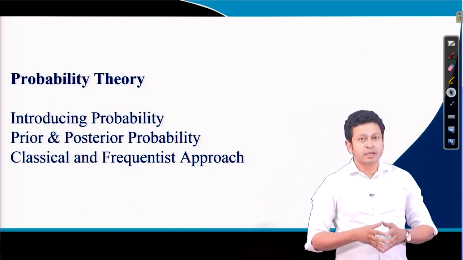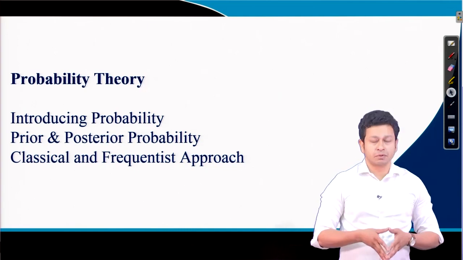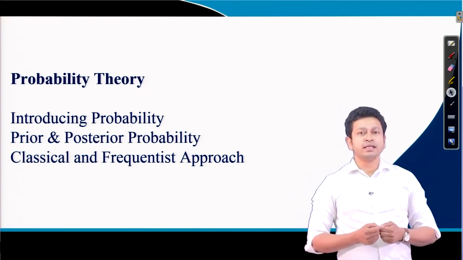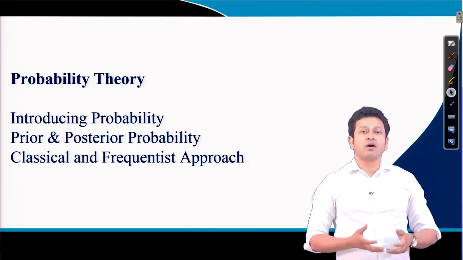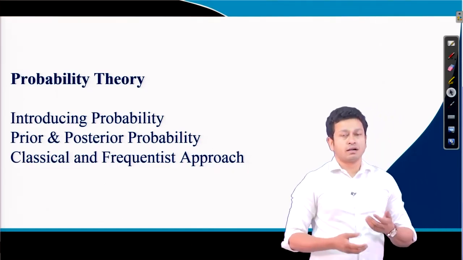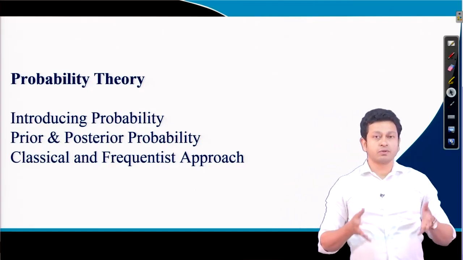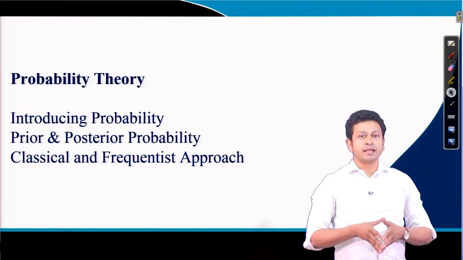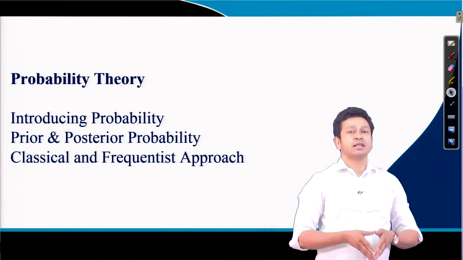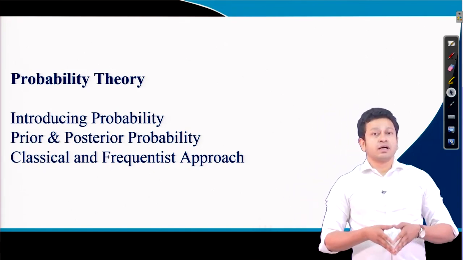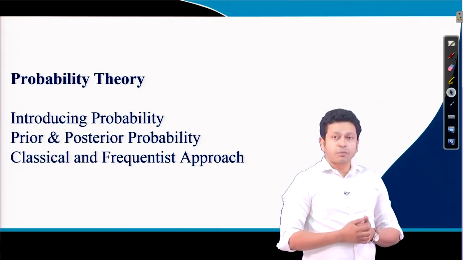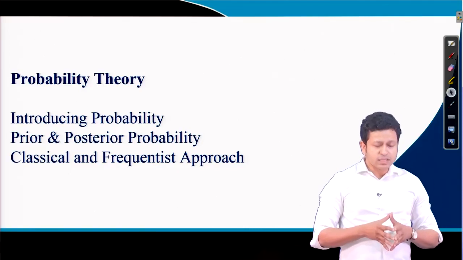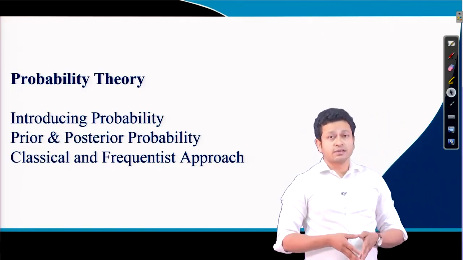So, there are different ways of measuring probability. One is prior probability, the other is posterior probability. The prior probability is something where you do not need to depend on the event to give you data or information for you to compute the probability. Whereas the posterior probability is something where you generate evidence from the experiment itself. Prior probability is actually of two types. One is the classical approach and another is the frequentist approach.